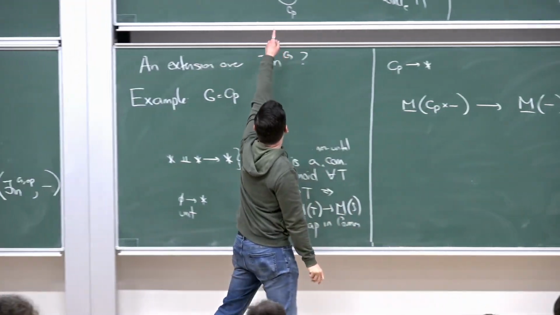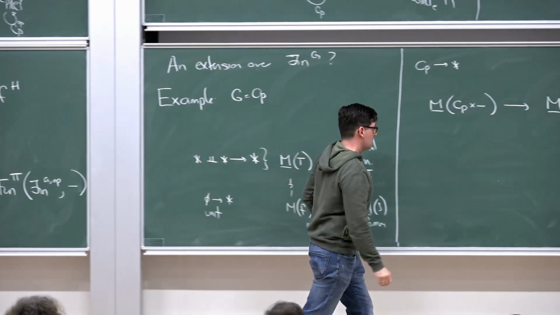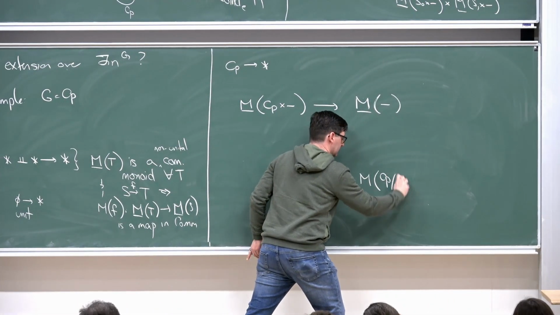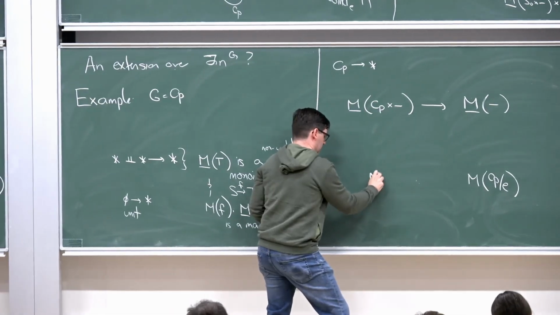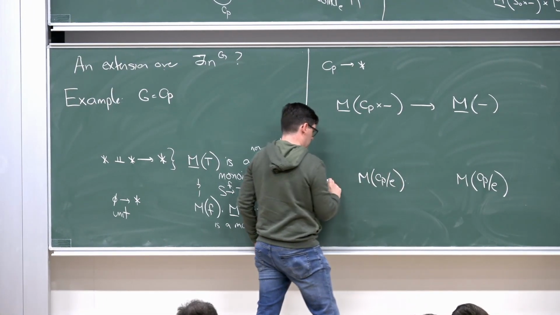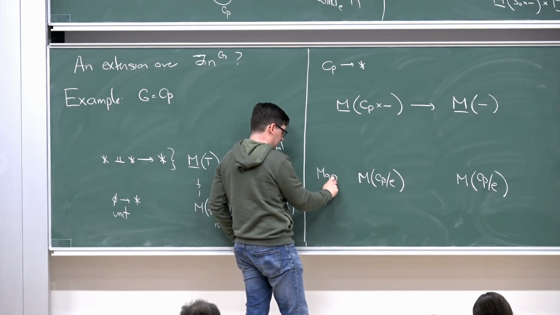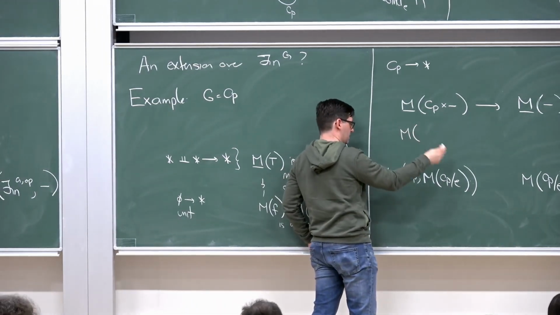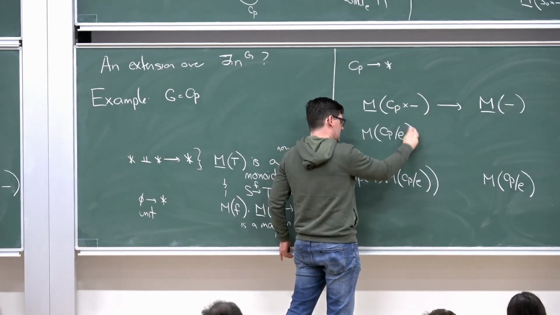And again, I've already drawn out sort of what the pieces look like. So here I have M of CP mod E, and then the maps from CP into this. Here I have M of CP mod E.